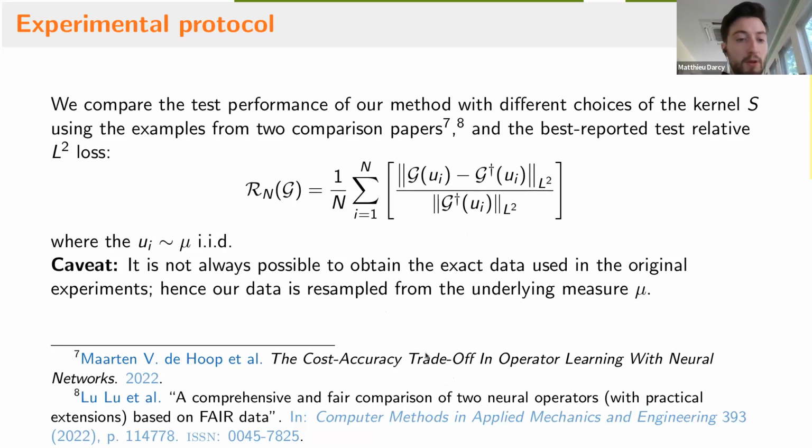There's a small caveat: in general, it's not always possible to obtain the exact data they used in the original experiments. However, you can think of the data that we used as being resampled from the underlying measure from which they sampled their data. But apart from this, we used the same data and compared against exactly the same models.